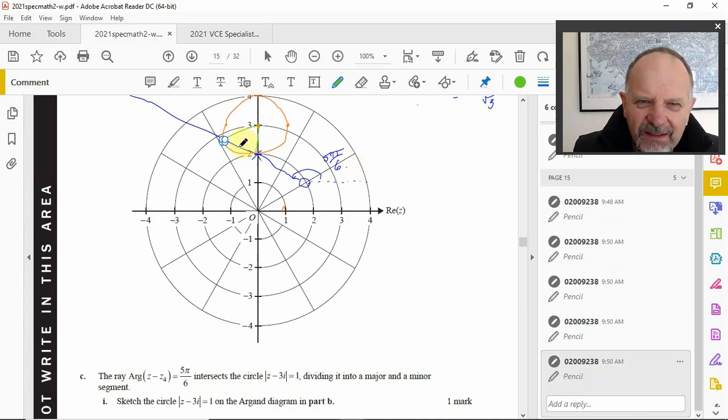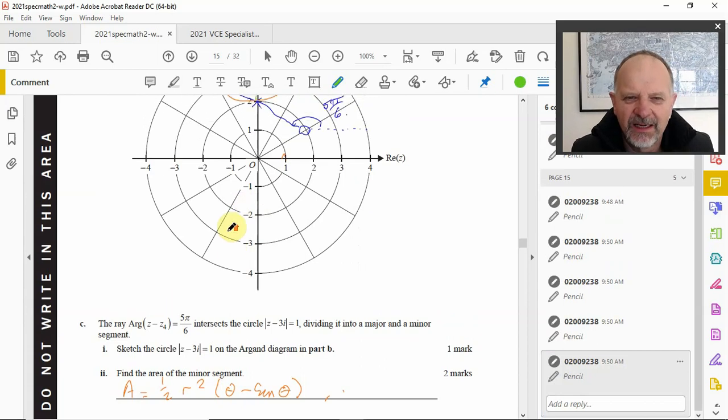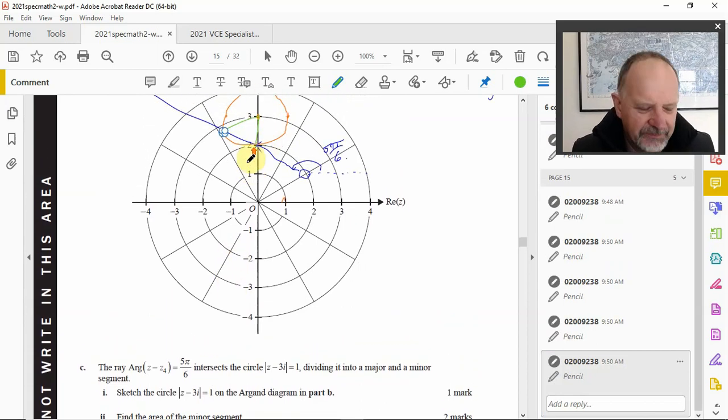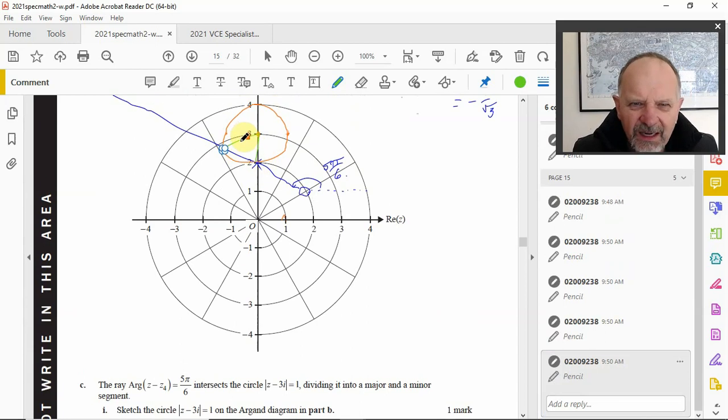All right, and what we want is this area in the end here. So what this formula is, basically it says it's the area of the sector minus the area of this triangle.